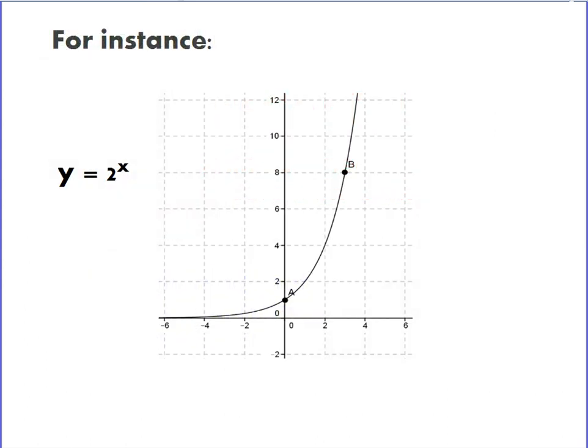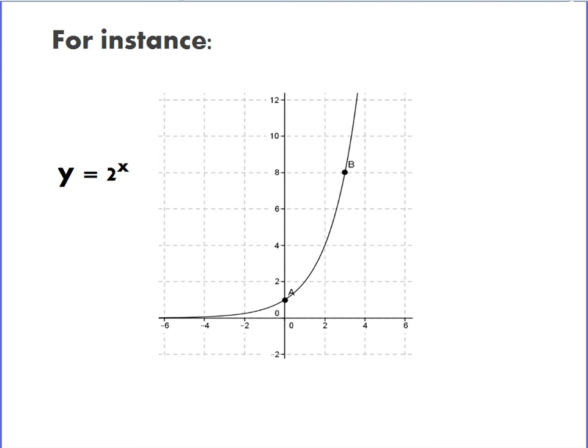Here we have the graph of the exponential function y equals 2 to the x power. And we've put 2 points on that graph, point A where x is 0 and point B where x is 3. So we're looking at an interval from 0 to 3.